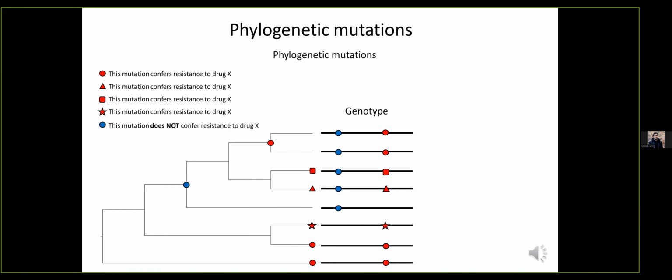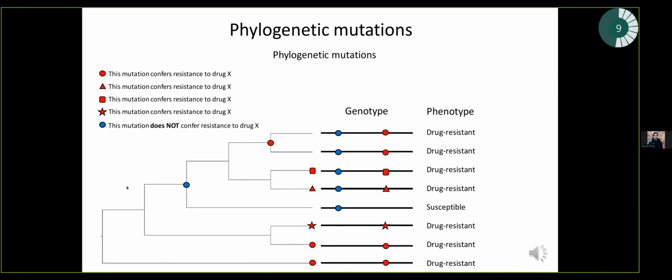The problem is that if we would like to identify mutations that confer drug resistance and we don't take into account the phylogenetic data that we have, and we just take into account genotypes and mutations and perform an association analysis of genotype to phenotype, as we mentioned in the previous webinar, we might erroneously conclude that the blue mutation is associated with drug resistance.